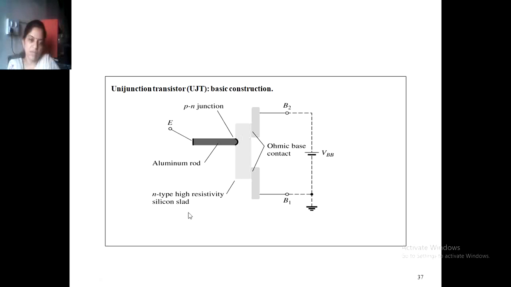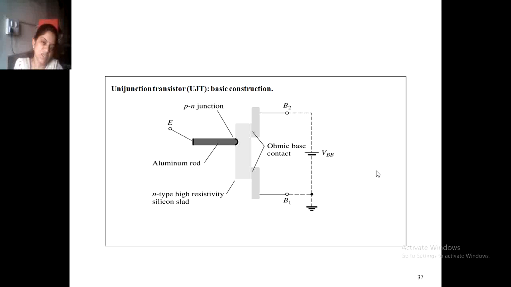This is the N-type high resistivity silicon slab. Then over that we want two contacts, so ohmic base contacts are made. From one end B1 is taken out and from the second, B2 is taken out. Across B1 and B2 we take the output voltage.